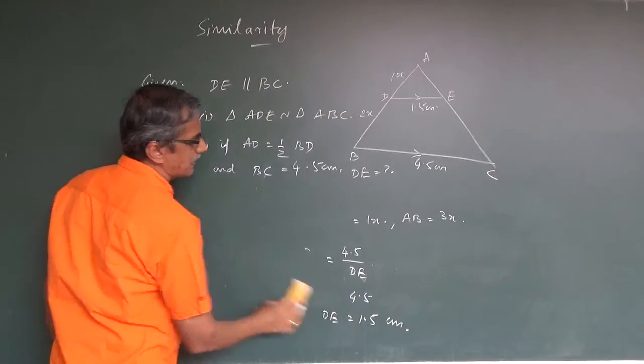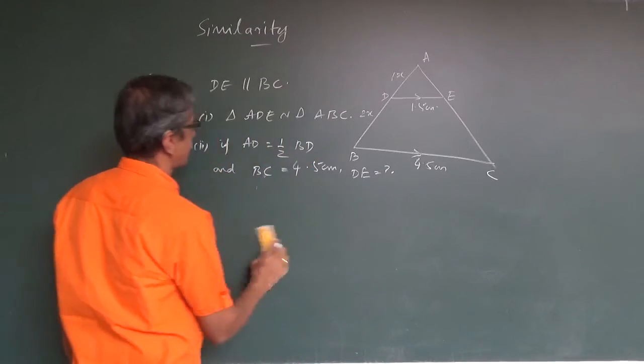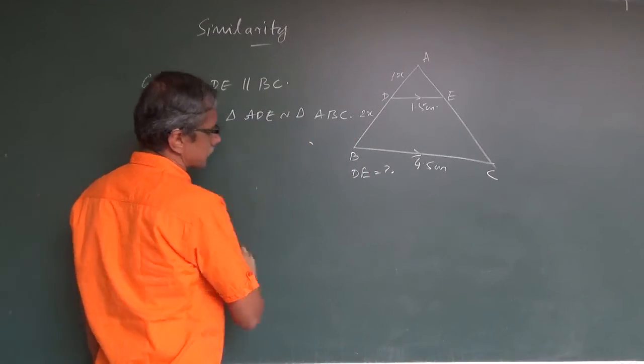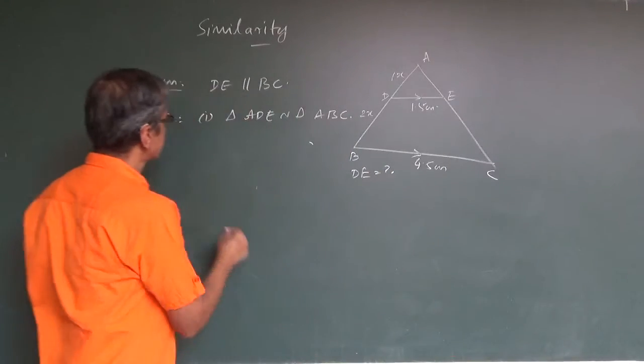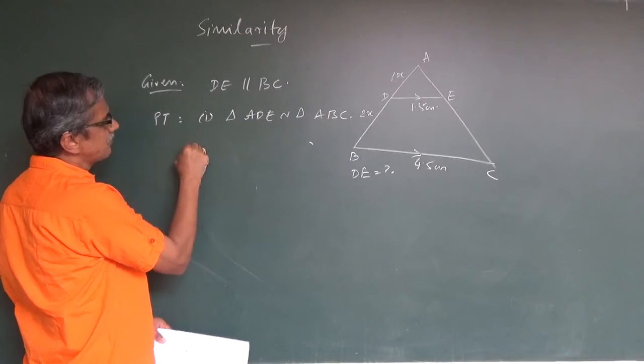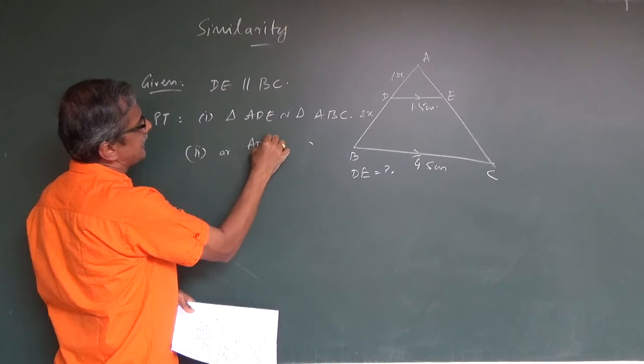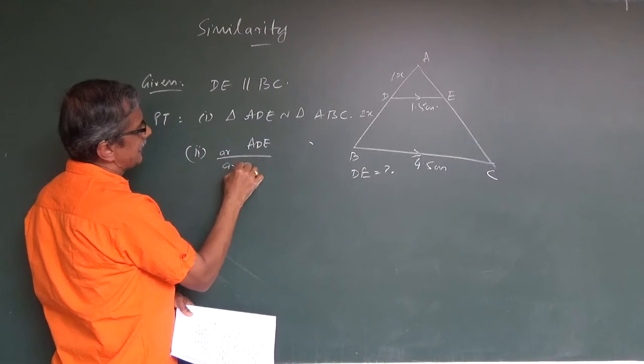Now the third part is the area part. We have to find the ratio of area of ADE by area of ABC.